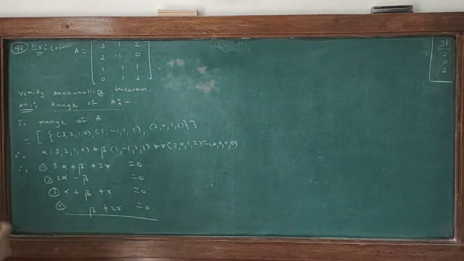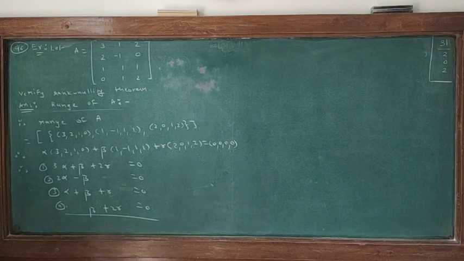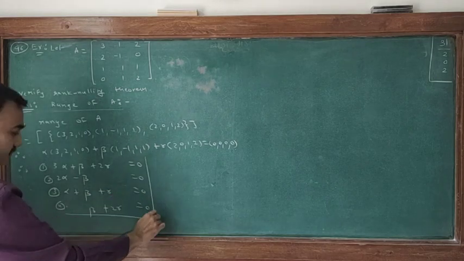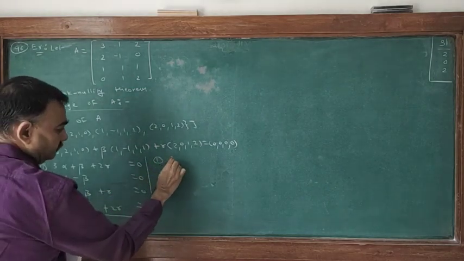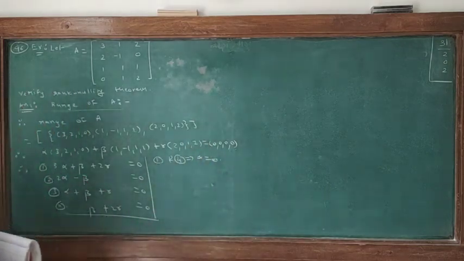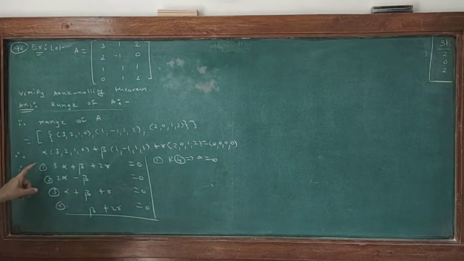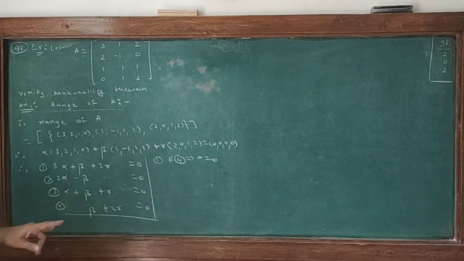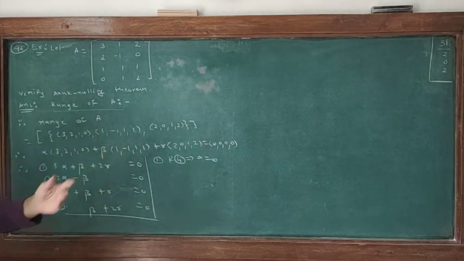We say equation 1, 2, 3 and 4. Now if we put this value here, 1 and 4 imply 3 alpha 0, means alpha 0.